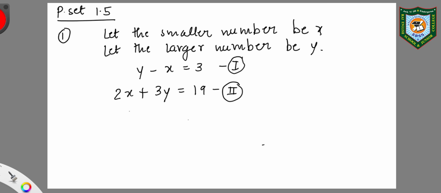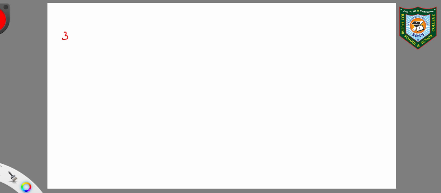Now moving on, I'm going to solve question number 3. In question number 3, I have the sum of father's age and twice the age of his son is 70. Now, the first statement itself gives us some information, so we need to start assigning values.